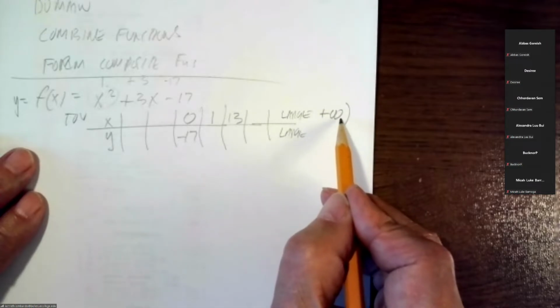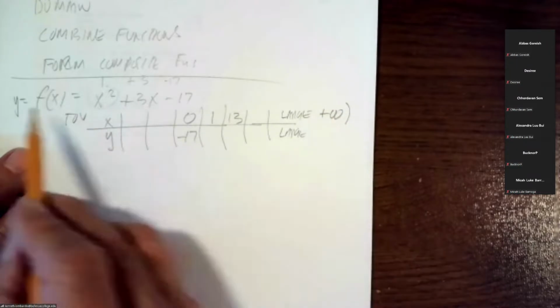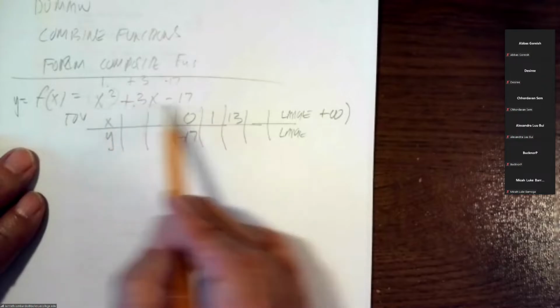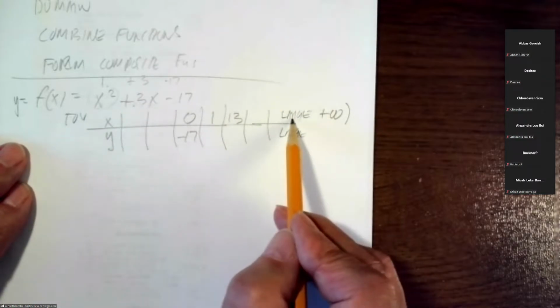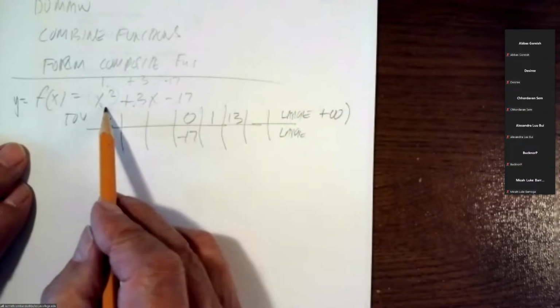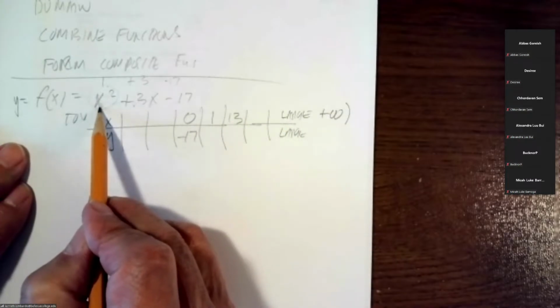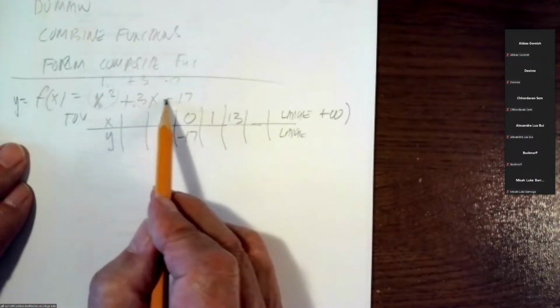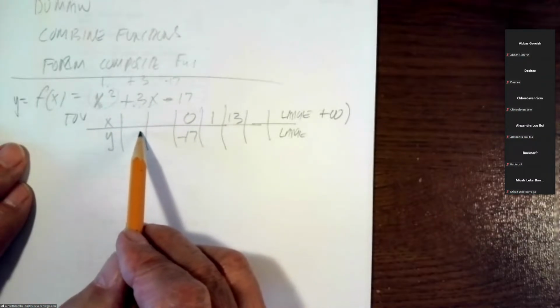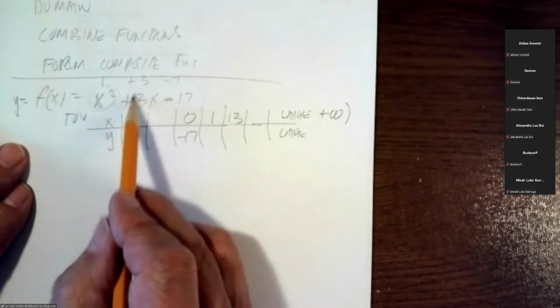So we could say, well, then the domain of this thing is x can go out to positive infinity. How about the negative direction? Anything limiting x in the negative direction? Negative x squared plus 3 times negative x minus 17. Anything limiting what x can be?